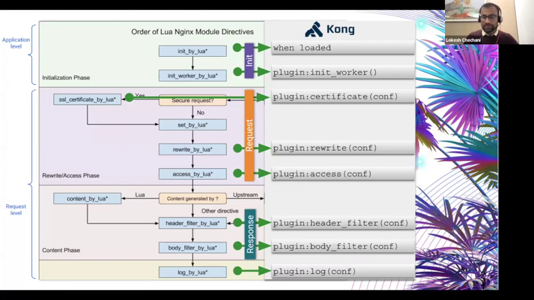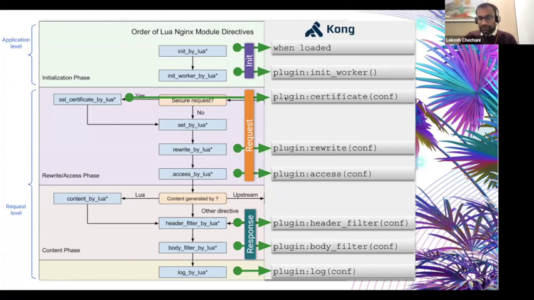When Nginx, or say Kong, is initialized, this is executed just a single time, so it's attached to a particular worker or CPU core. For example, if you want to initialize your database configurations or any static configurations, this is the place. That's why this is scoped at the application level rather than the request level.